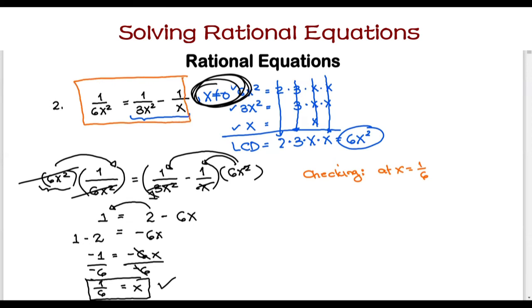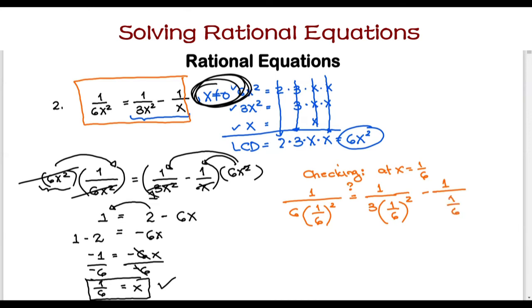So we are going to have 1 over 6 times, what is x? 1 over 6, tapos naka-square. Is this equal to? Lalagyan ko muna ng question mark kasi hindi pa tayo sure kung equal nga sila. 1 over 3 times 1 over 6 squared, minus 1 over, what is x again? 1/6.